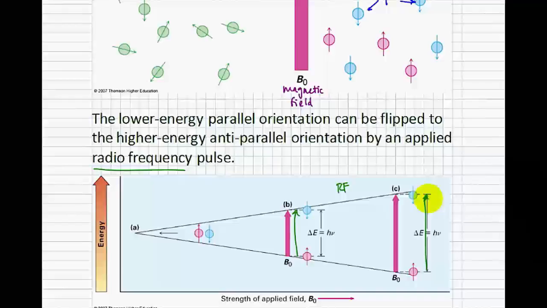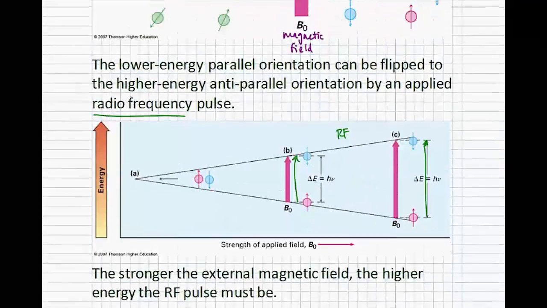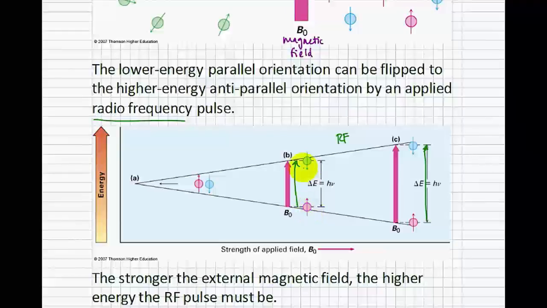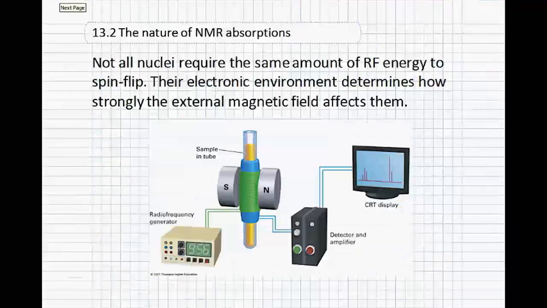Just like in infrared, the vibrating bonds can absorb energy. Just like in regular visible spectroscopy, a colored substance absorbs certain colors of light. Well, certain nuclei will absorb specific frequencies of radio frequency energy in order to flip those spins from one orientation into the other. And like we talked about, if we have it in a stronger magnetic field, we need a higher energy radio frequency to flip those spins.